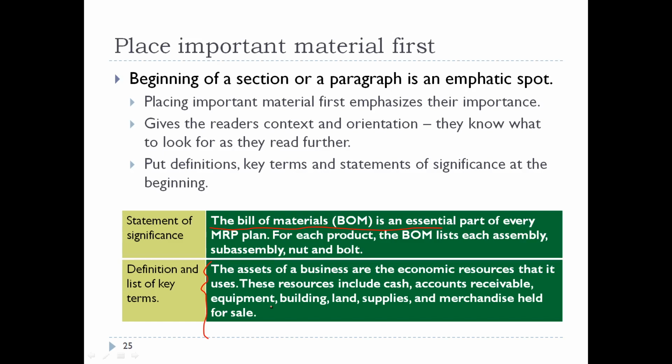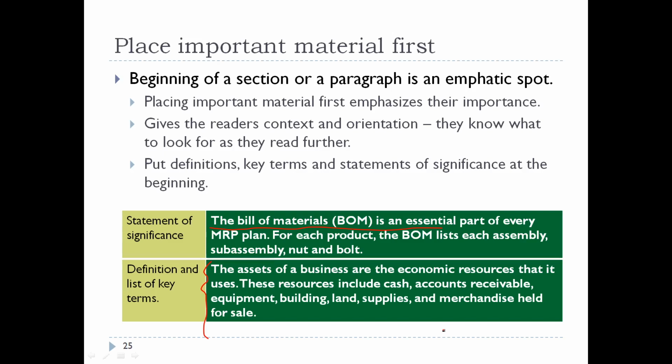Although we did not write it in the form of a list, we will see that the preview list has a specific form. Nevertheless, they mention a list of items, a list of key terms, and you can then explain or elaborate on each key term. So what do we mean by cash, or what do we mean by accounts receivable, equipment? In the next sentences you can talk about each one of them.